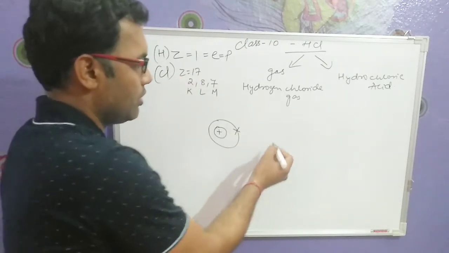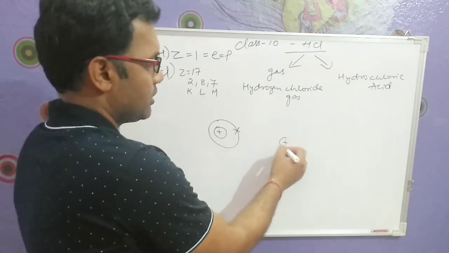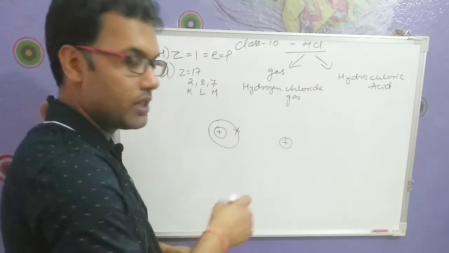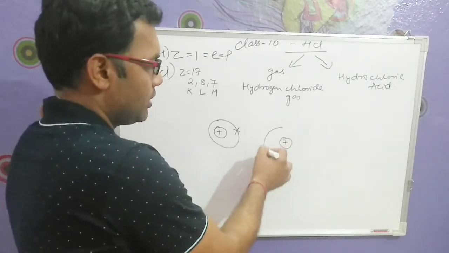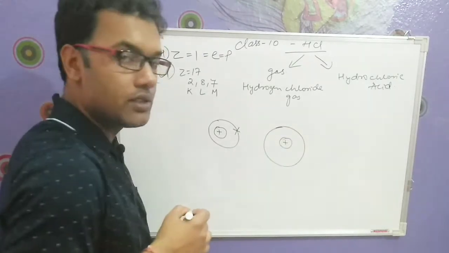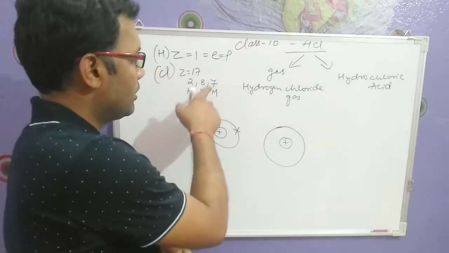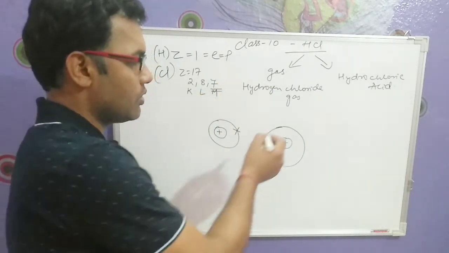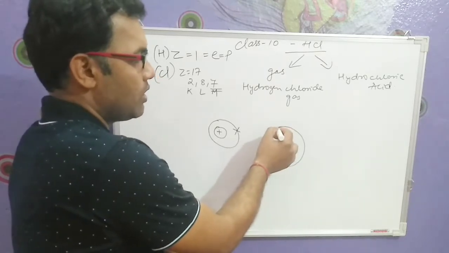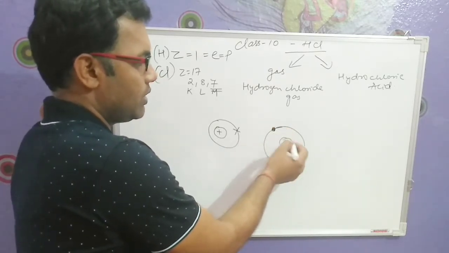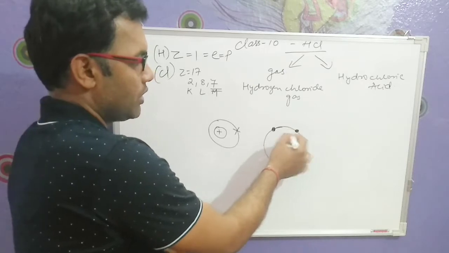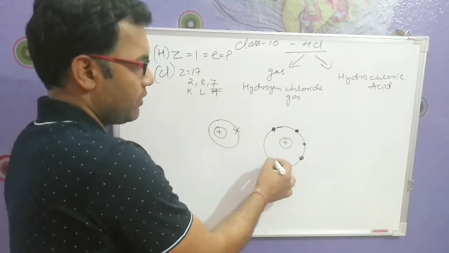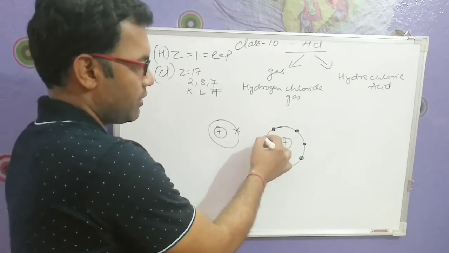For chlorine, this is the central part of the atom, known as the nucleus, and I am just drawing the last shell, the valence shell. In the valence shell, chlorine has 7 electrons, so I will draw them here using a different symbol, the dot. So 2, 3, 4, 5, 6 and 7.